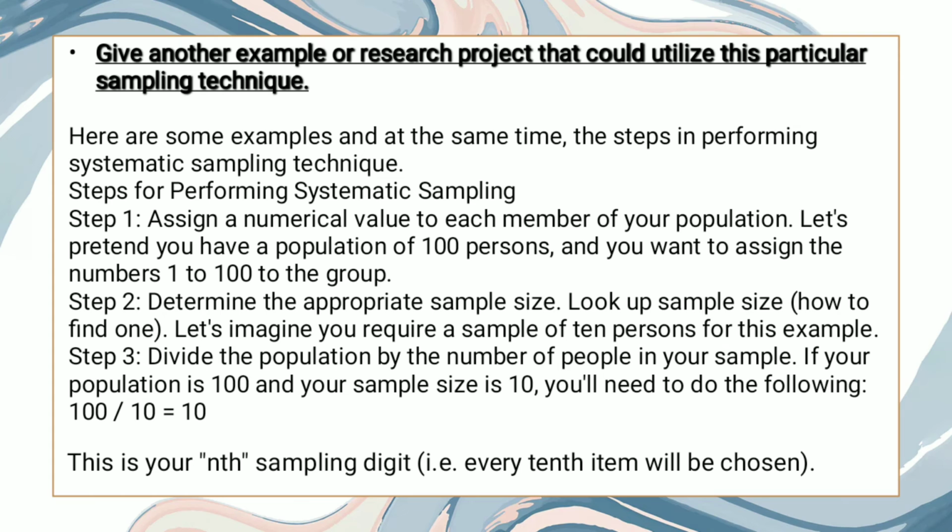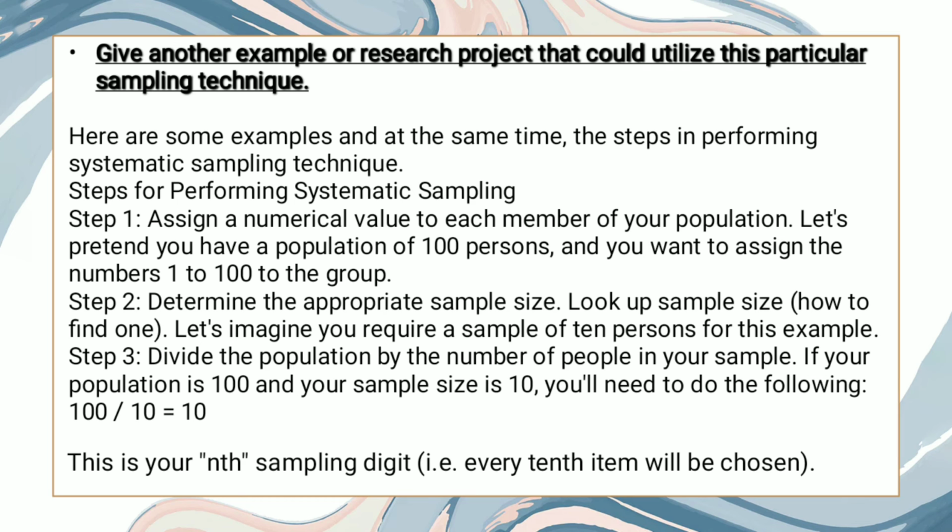The next task is to give another example or research project that could utilize this particular sampling technique. So, here are some examples and at the same time the steps in performing the systematic sampling technique. Step 1 is to assign a numerical value to each member of your population. Let's pretend you have a population of 100 persons and you want to assign the numbers 1 to 100 to the group.